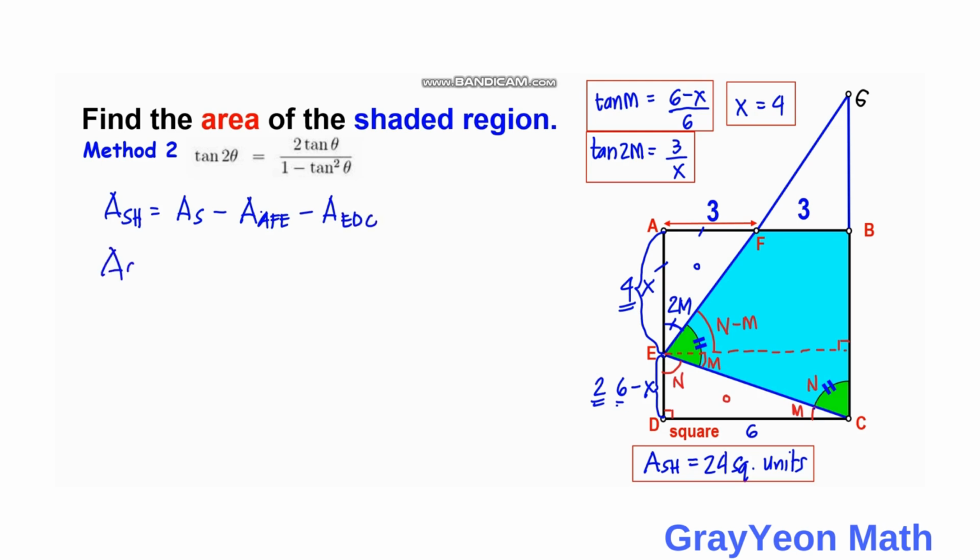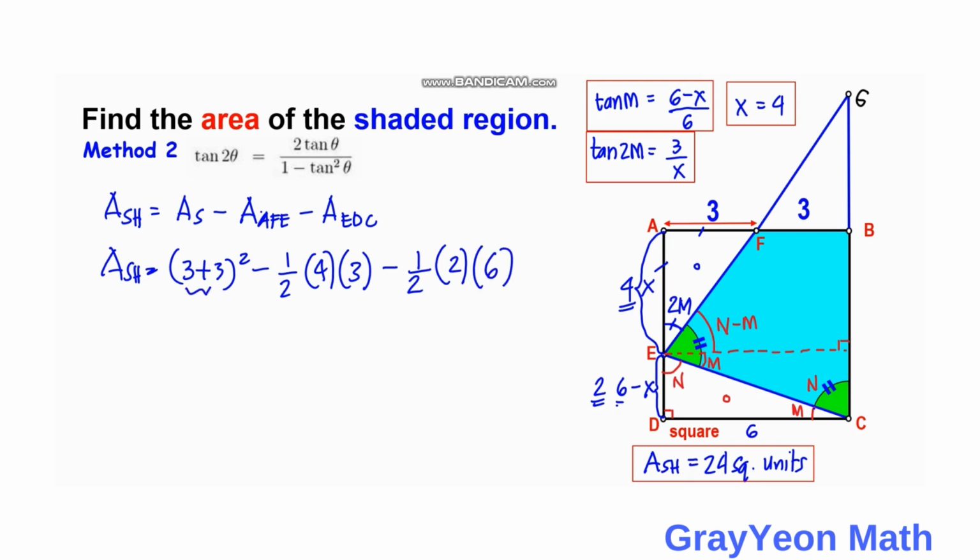So area shaded is equal to 3 plus 3 squared minus 1/2 times, for this triangle AFE, you have 4 times 3, minus 1/2 for EDC, 2 times 6.